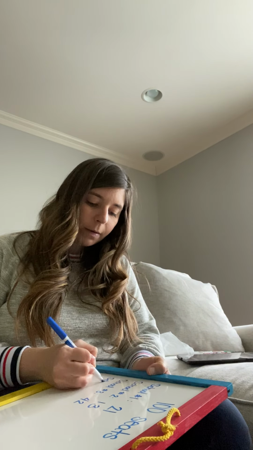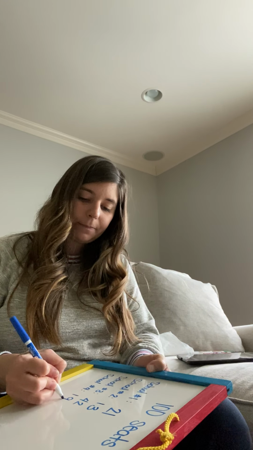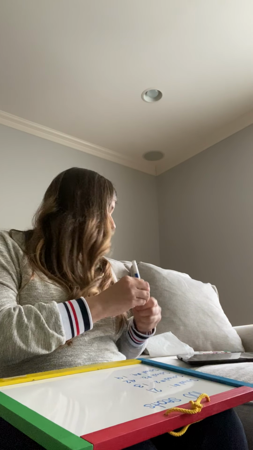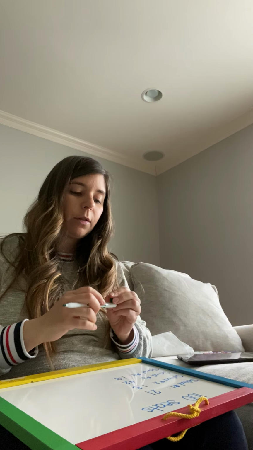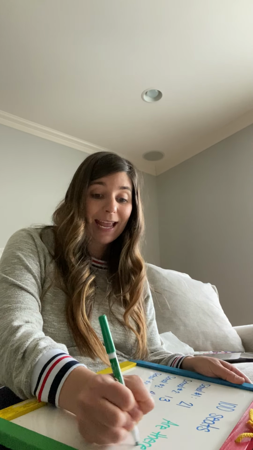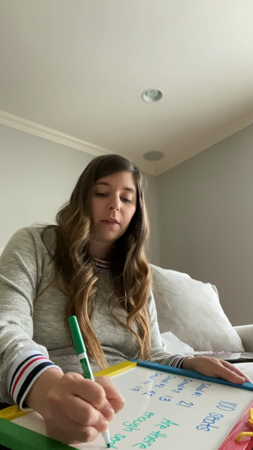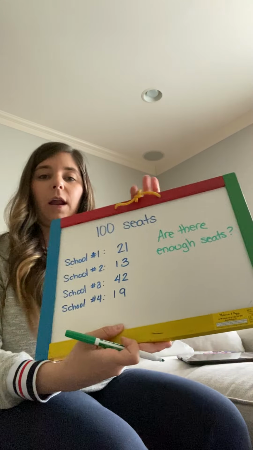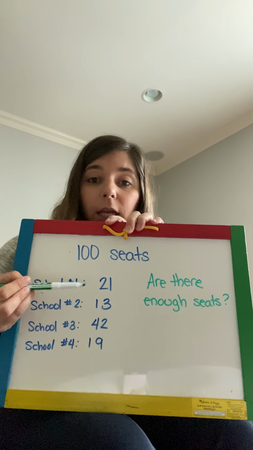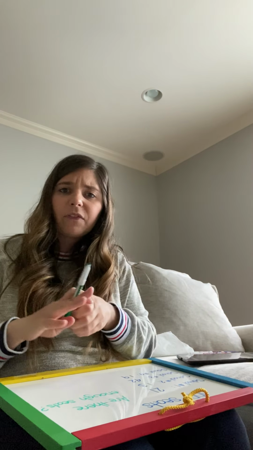School number 4, 19 kids. Now, as you write that, the question I'm asking you to think about is, are there enough seats for all the kids? Are there enough seats for all of the kids? Remember, we have 100 seats. These are the numbers that we use to figure it out. So how will we find that out?